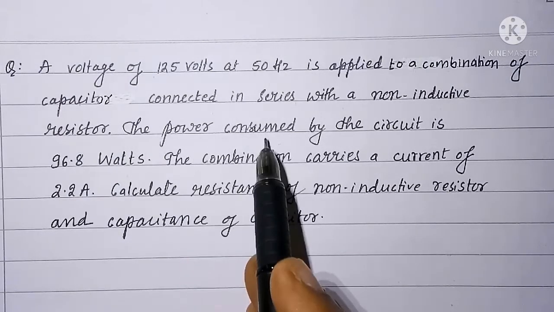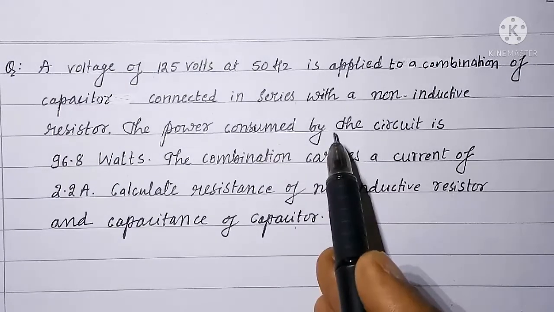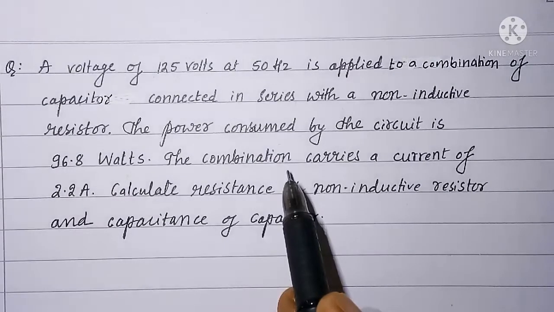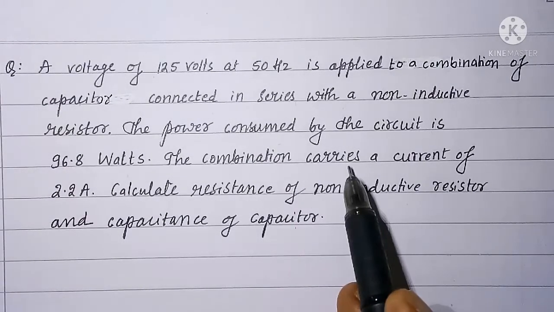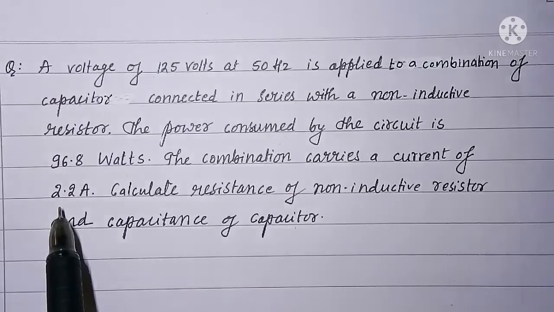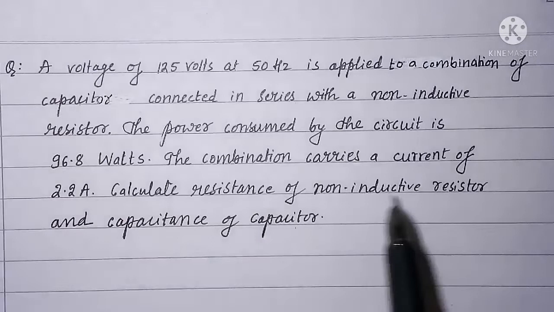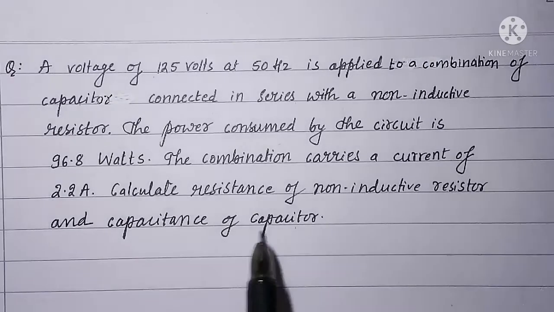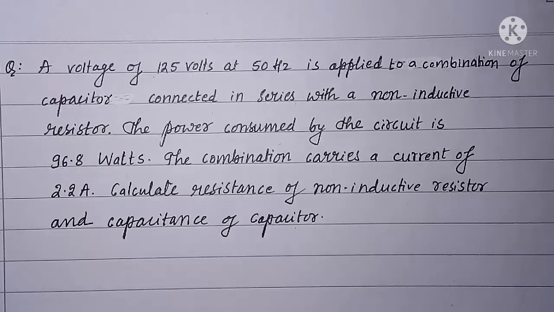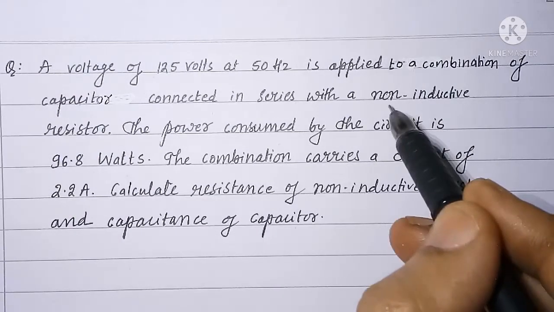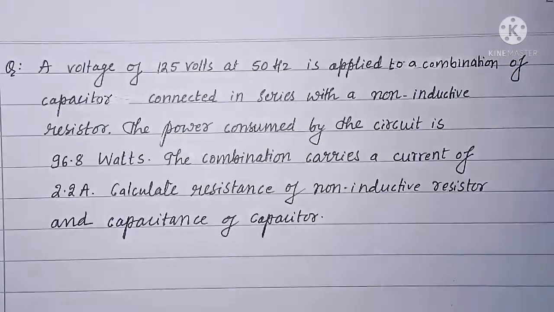The power consumed by the circuit is 96.8 watts. The combination carries a current of 2.2 ampere. Calculate resistance of non-inductive resistor and capacitance of capacitor. Non-inductive resistor means a pure resistor.